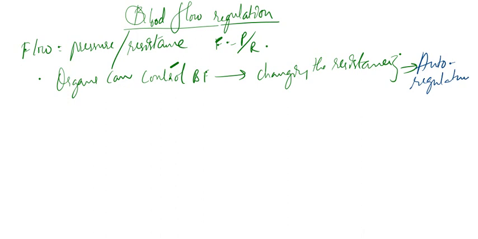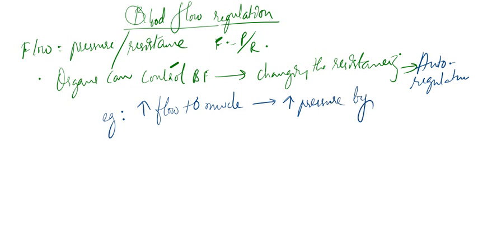I will tell you with an example. If there is an increased flow to muscle, there will be an increased pressure by increasing the sympathetic activity. You understood? Or not?